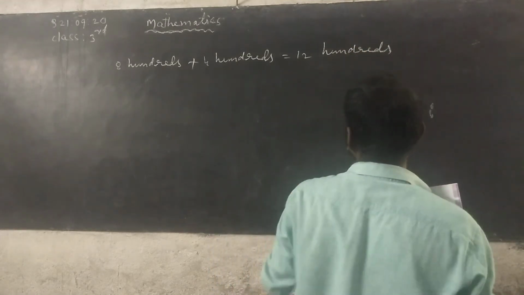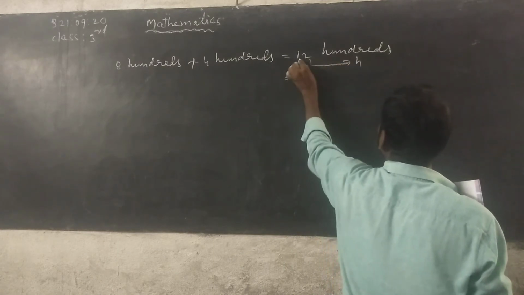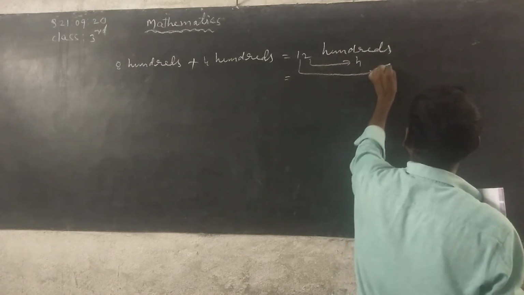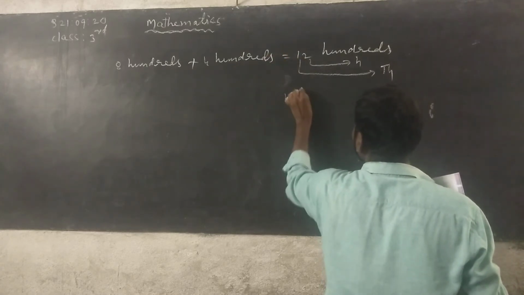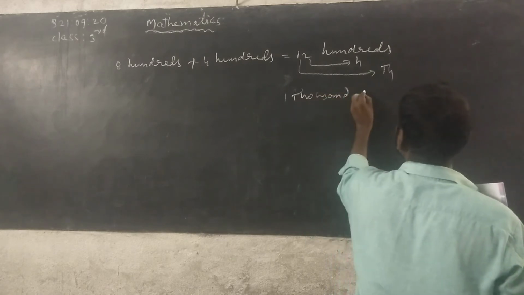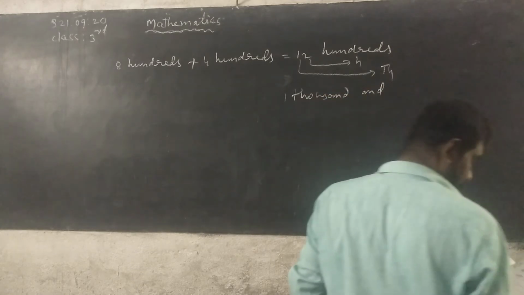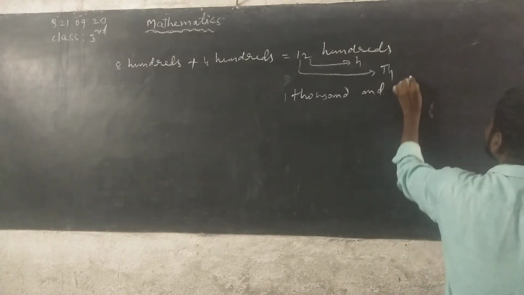So, ఏమవుతుంది బేట అప్పుడు, now next 2 is in hundreds place and 1 is in thousands place. So 1000 and 200.